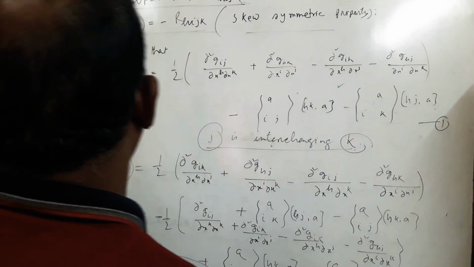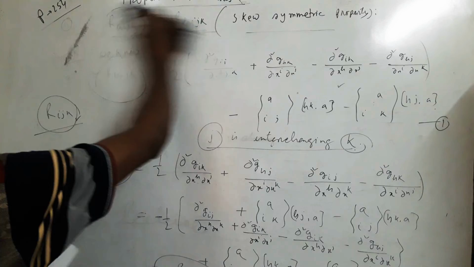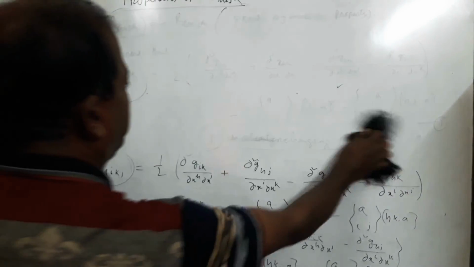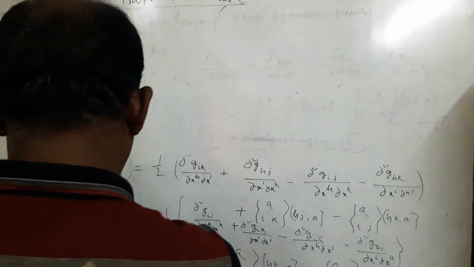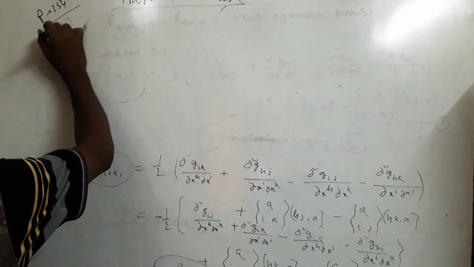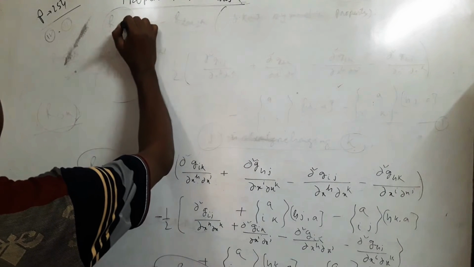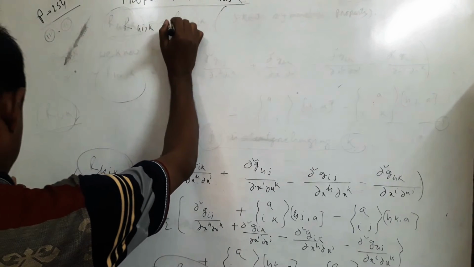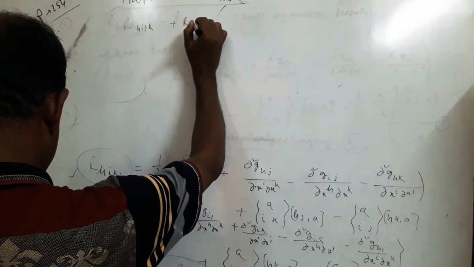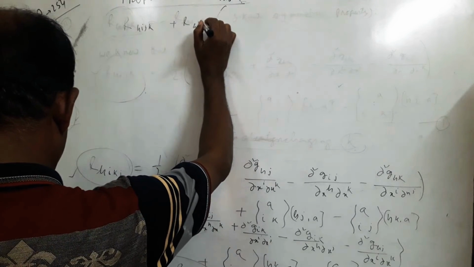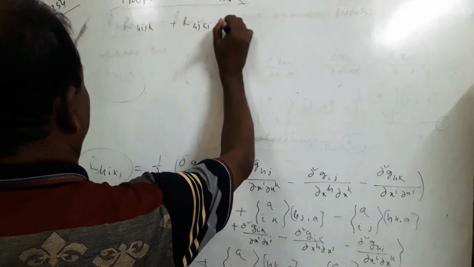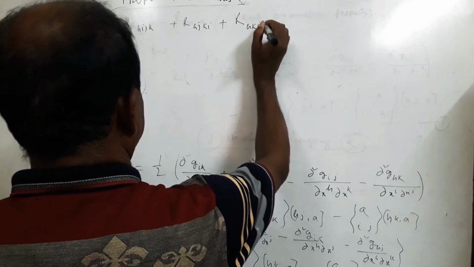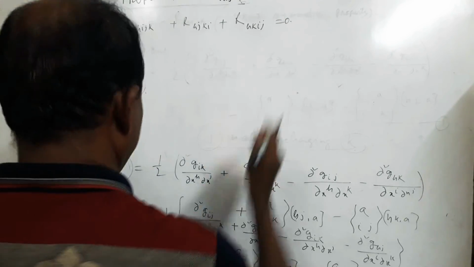And secondly, we have proved that we can write R_HIJK plus R_HJKI plus R_HKIJ equal to 0.